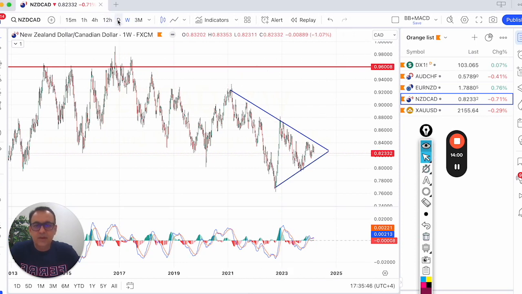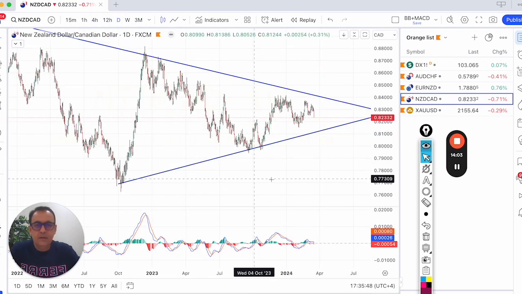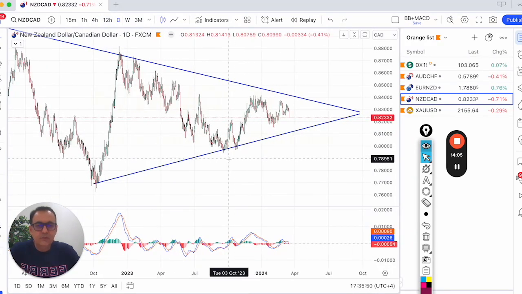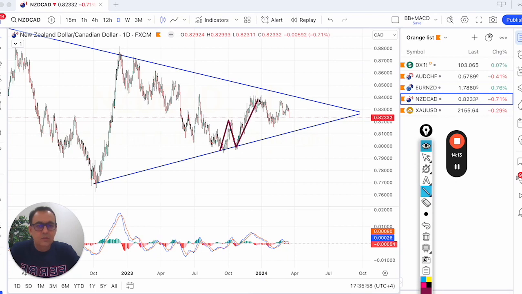Moving back to daily. Now here, if you see, we have high, higher low, a new higher high, higher low, but now it has failed to create a new higher high. So this is the point.